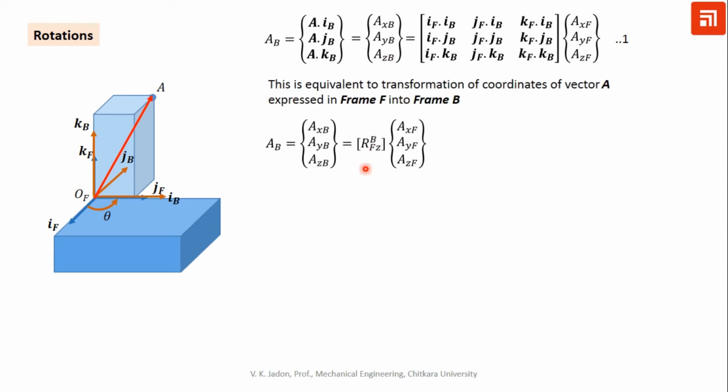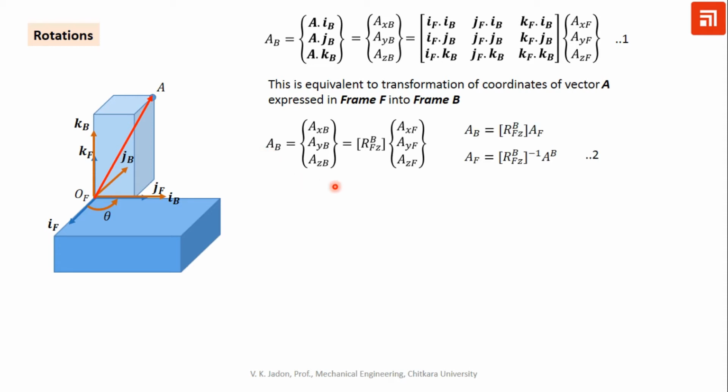So we can represent this 3 by 3 matrix by letter R representing rotational matrix, subscript F is fixed frame, and subscript B is body fixed frame, or we are mapping fixed frame into body fixed frame, or we are converting the component of vector A from fixed frame to body fixed frame. So these are the different ways we can express this rotation matrix. What does it mean? It is basically converting component of vector A expressed in fixed frame into body fixed frame.